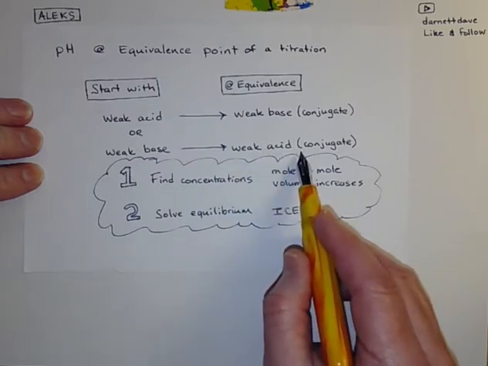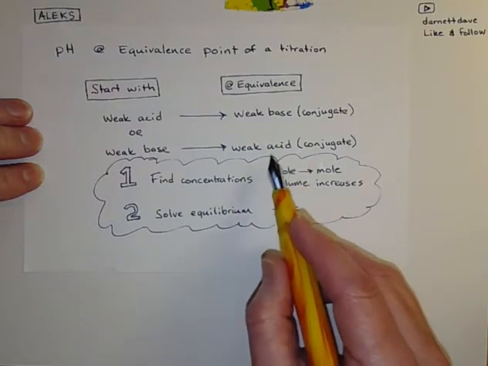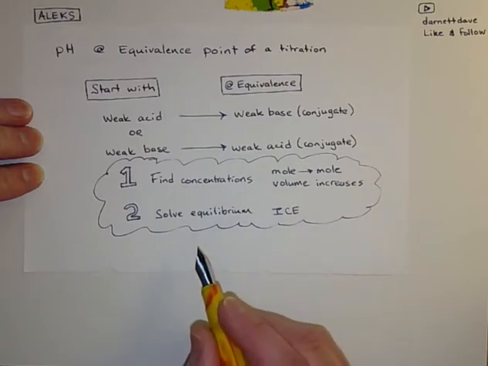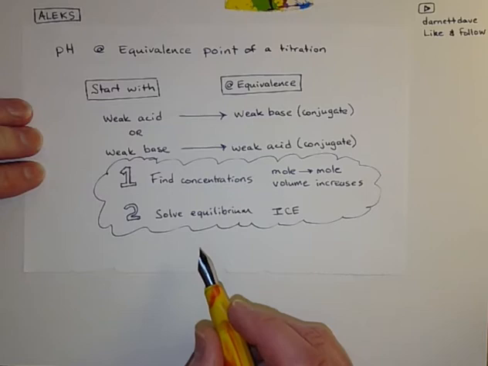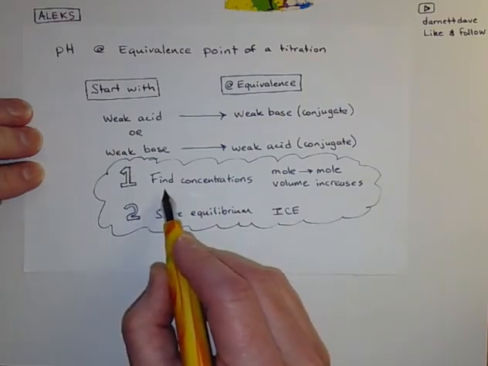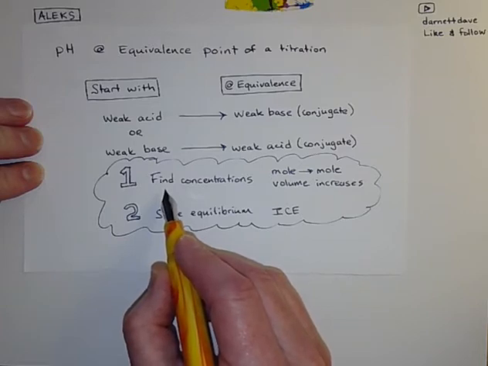So all of your starting material, whether it be an acid or a base, at the equivalence point is converted into its conjugate. So our process for finding the pH at the equivalence point is going to be to first figure out what the concentrations are for either our weak base or our weak acid, whichever the conjugate is.